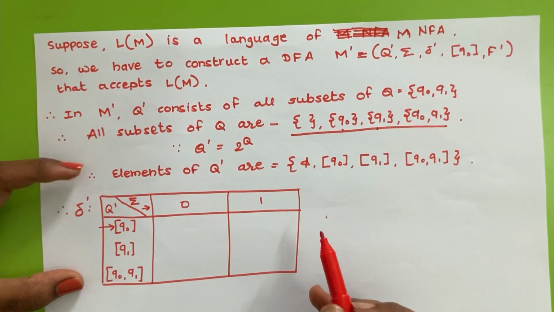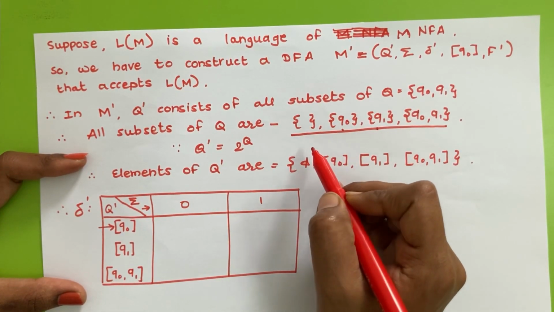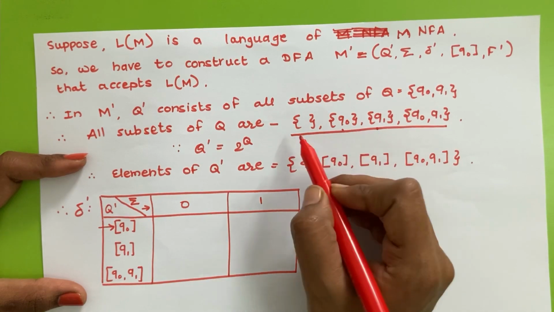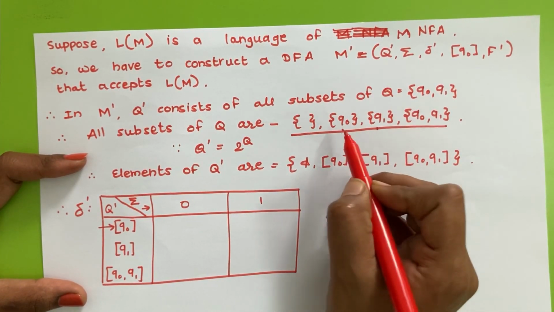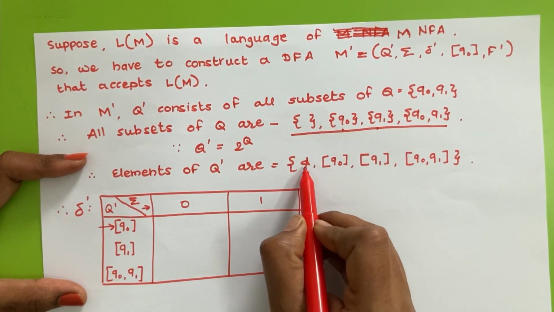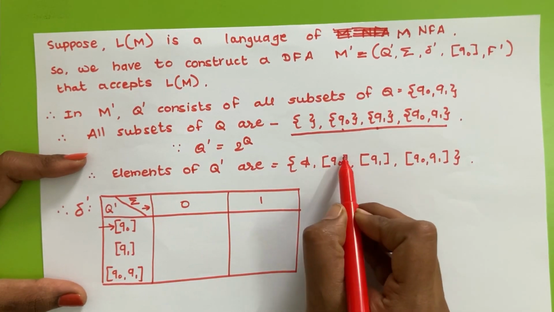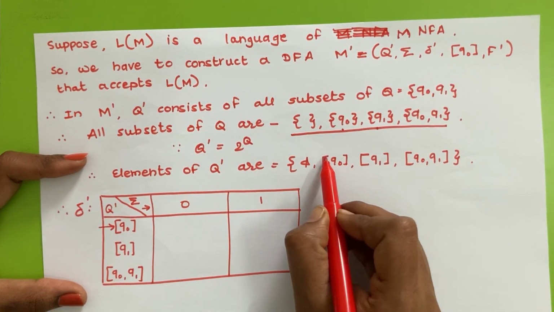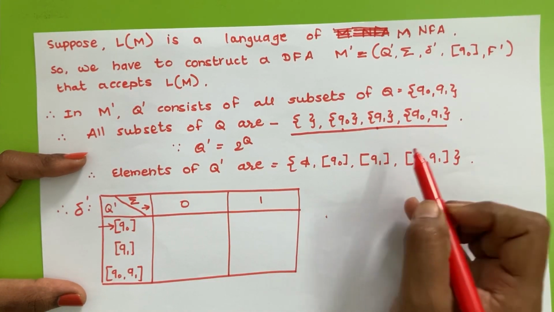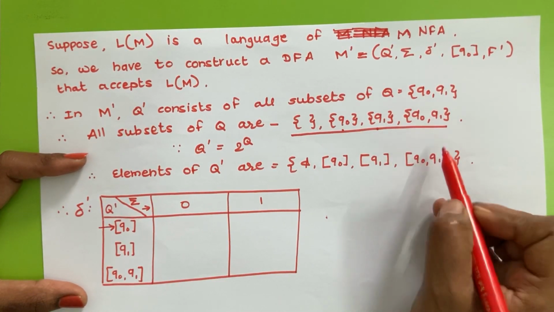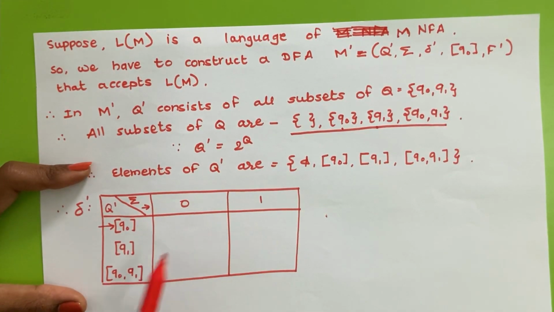But we have to find the states of the DFA, and in the case of a DFA we don't write states in curly brackets. So we will rename these states as phi, then Q0 in rectangular brackets, again Q1 in rectangular brackets, and Q0, Q1 in rectangular brackets.